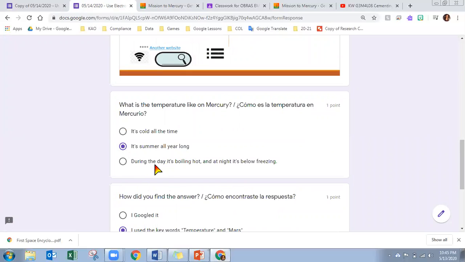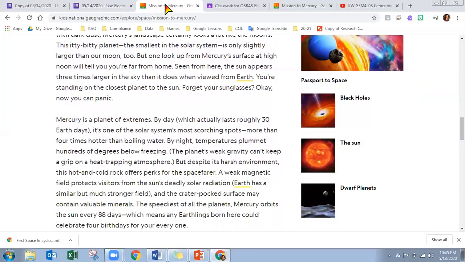And it says during the day, so I could look for day. It's boiling hot, so I could look. That's pretty specific. So I can look for boiling. Oh, boiling water. So then I look back and it says by day, it's one of the solar system's most scorching spots, more than 4 times hotter than boiling water.